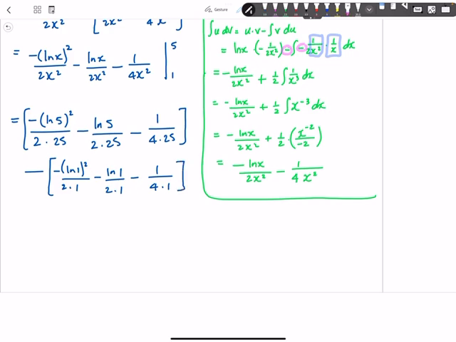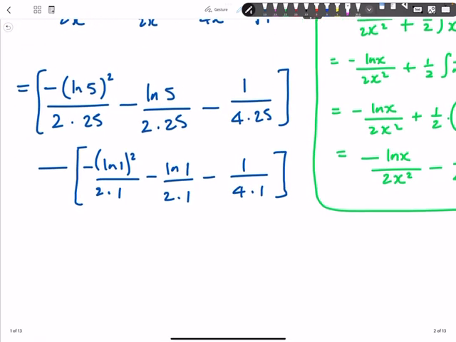All right, so let's quickly take a closer look. What happens to each one of these? We know that the natural log of 1 is equal to 0. So that means this term is going to be equal to 0. So we're just left with really minus 1 over 4 here.